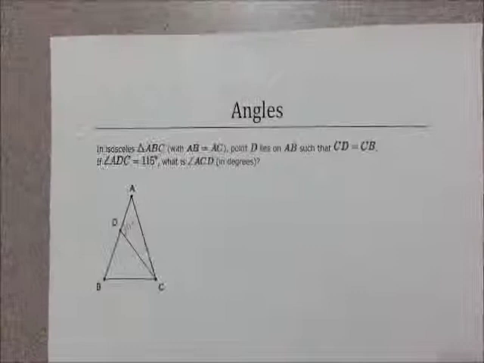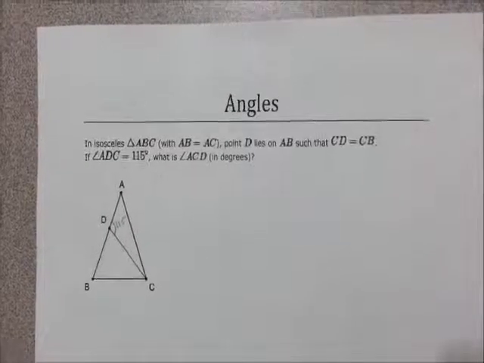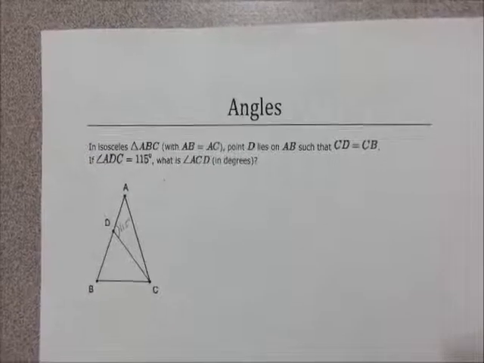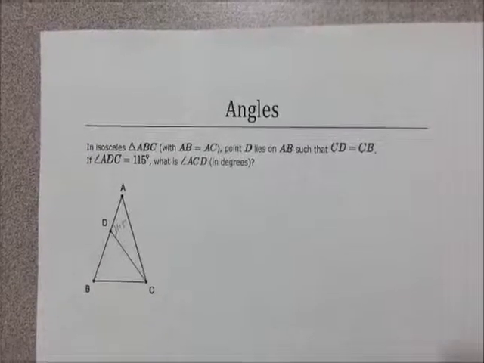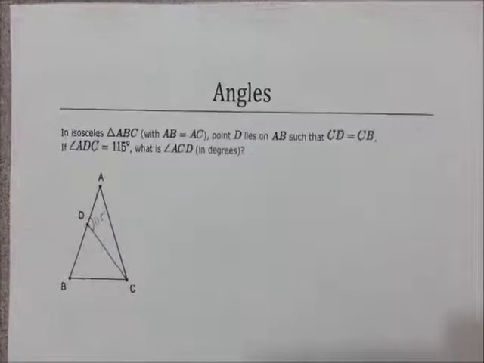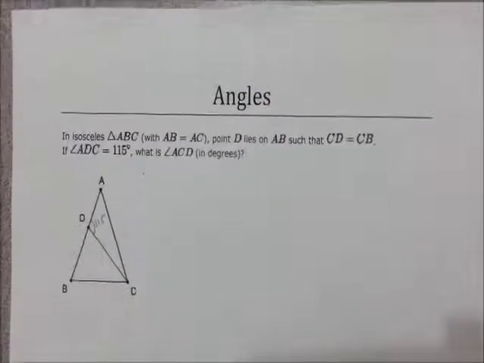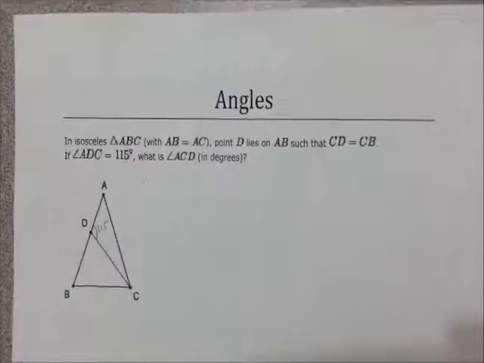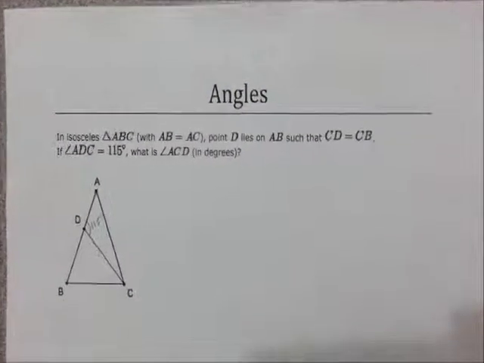Our final question is about angles. An isosceles triangle ABC with AB equals AC, point D lies on AB such that CD equals CB. If angle ADC is equal to 115, what is ACD?